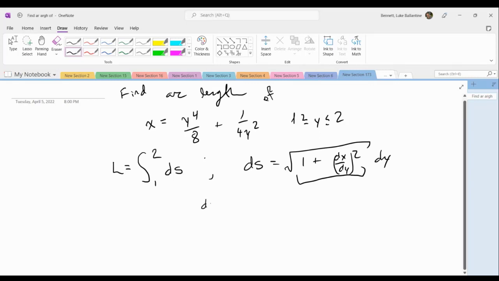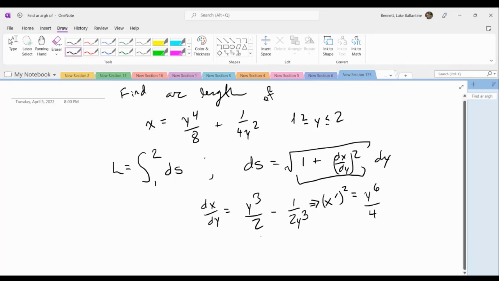So dx/dy is y cubed over 2 minus 1 half y to the third. We're going to square it. I'll just call it x prime squared. X prime squared will be y to the 6th over 4.